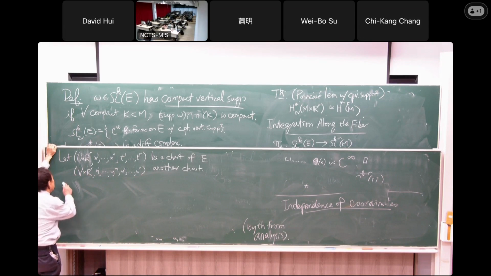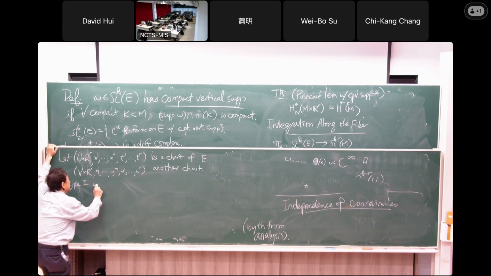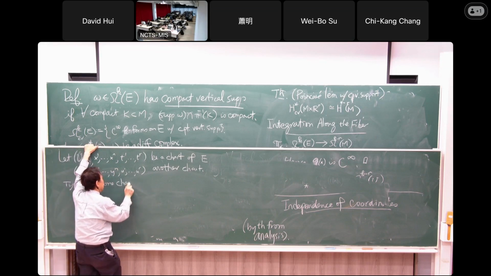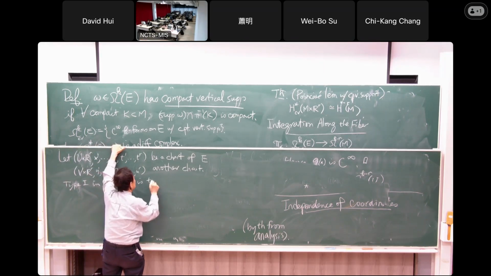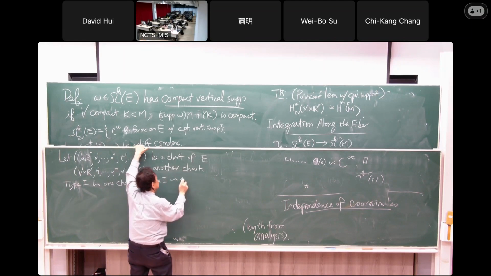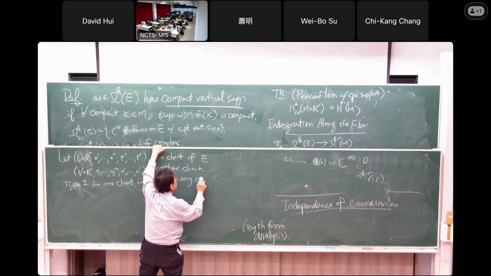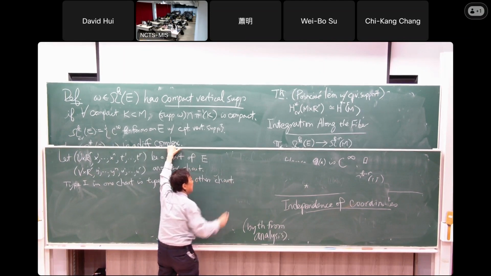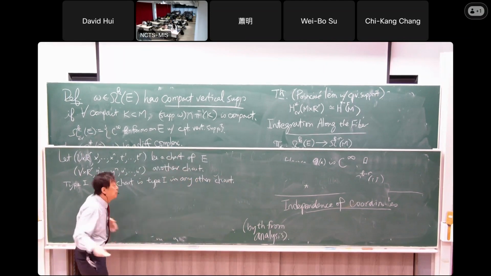So type 1 in one chart is type 1 in any other chart, and pi lower star will give you 0.